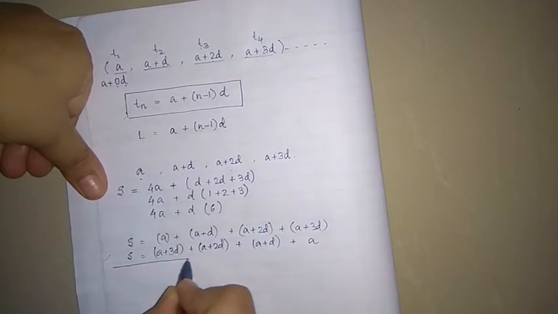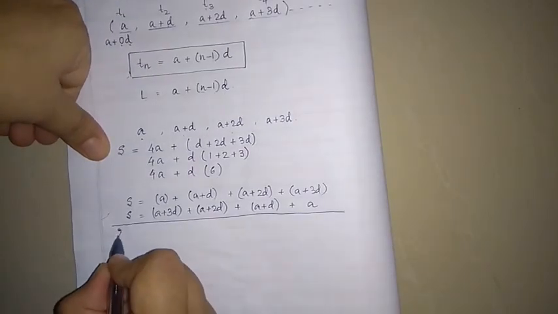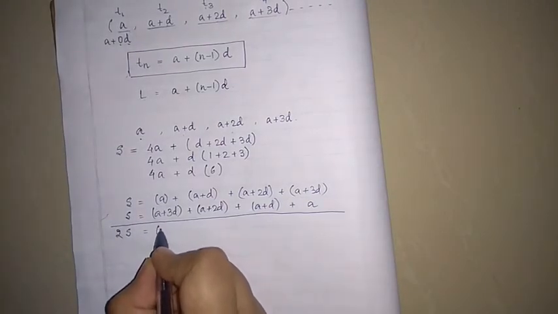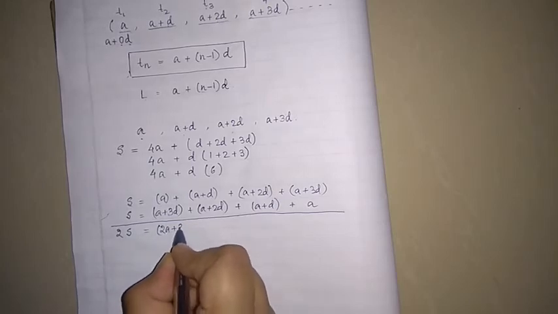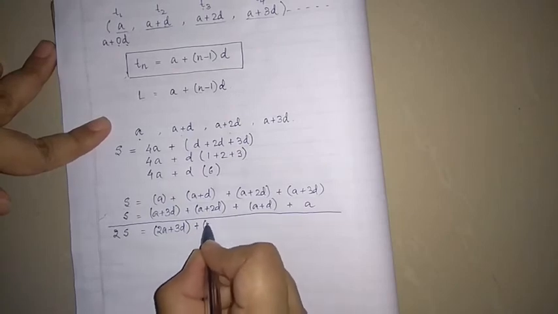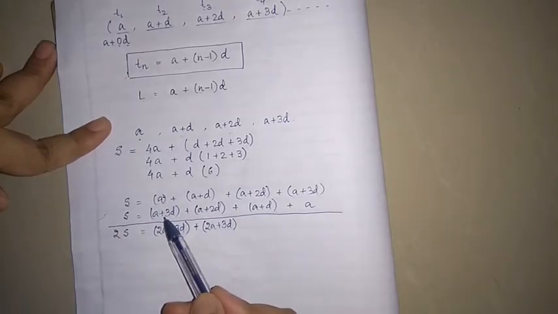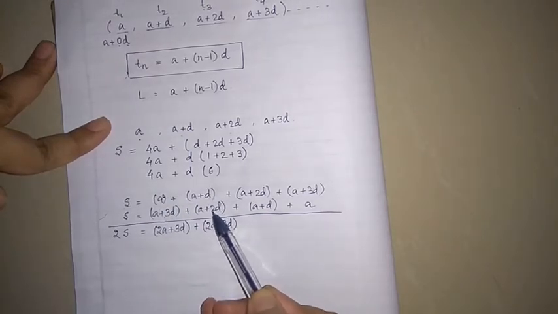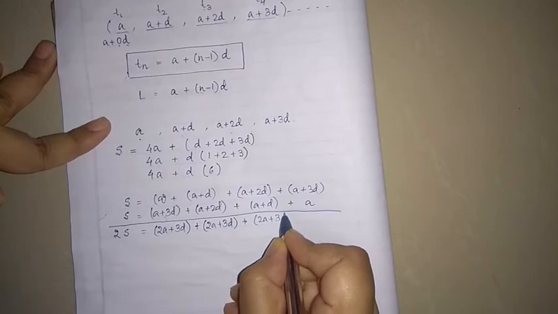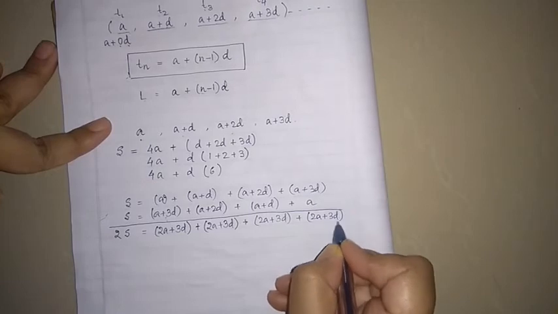Now if we add the two equations, what we are going to obtain is twice S, which is equal to twice a plus 3d. Again, adding these two numbers, we will obtain twice a plus 3d. Here what we are doing is, we are just adding these two numbers, then these two numbers, and we are obtaining twice a plus 3d and again twice a plus 3d.